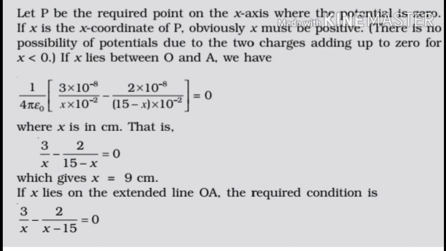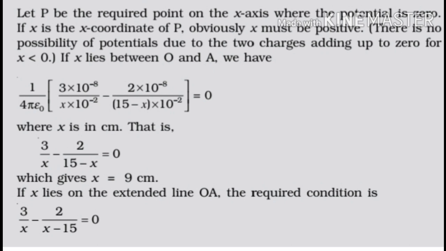So see the first equation: 1 by 4 pi epsilon 0 into 3 into 10 power minus 8 by x into 10 power minus 2, we have to convert it into meter, minus 2 into 10 power minus 8 by 15 minus x into 10 power minus 2, is equal to 0.